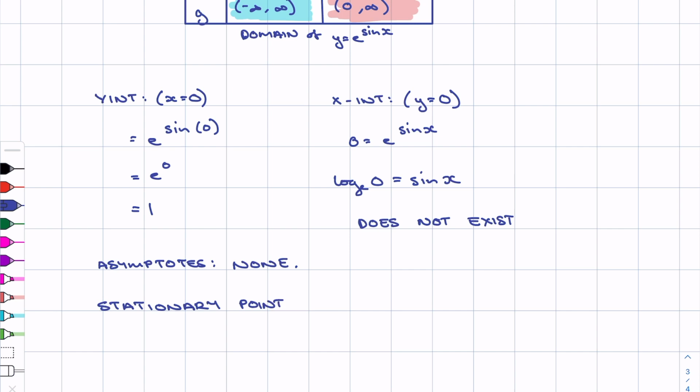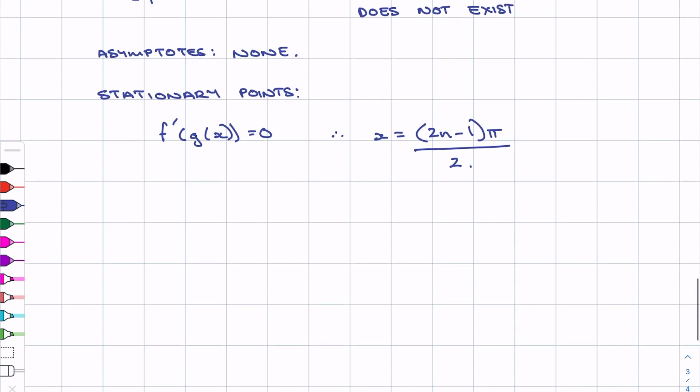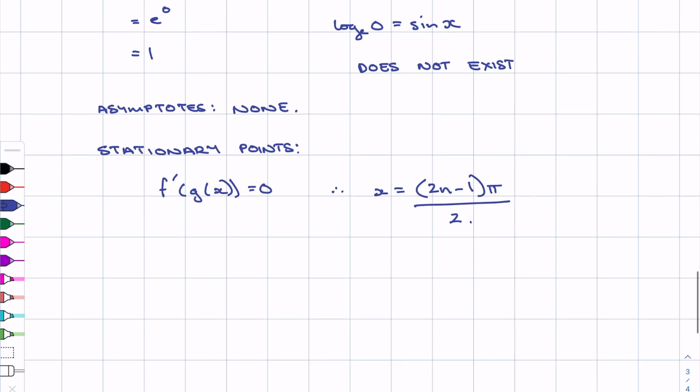And with my stationary points, I'm going to consider f dash g(x) equaling 0. And this gives a general solution of (2n minus 1) times pi over 2. That's handy information to have. I'm now going to go into sketching my graph.